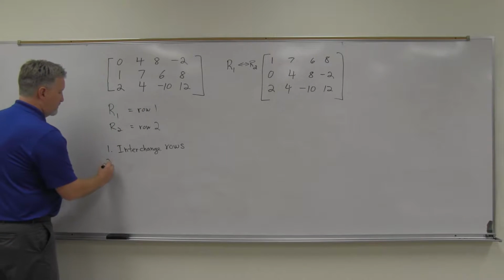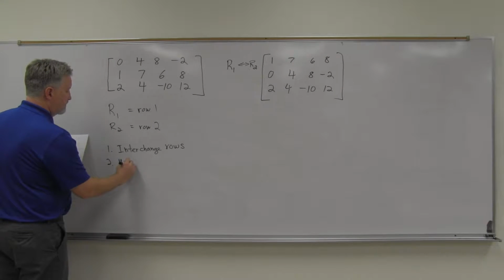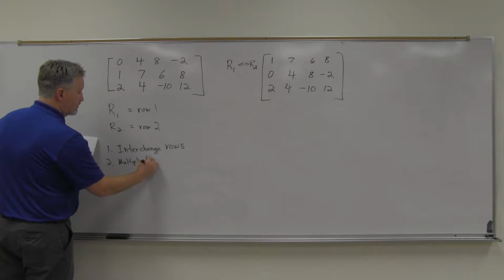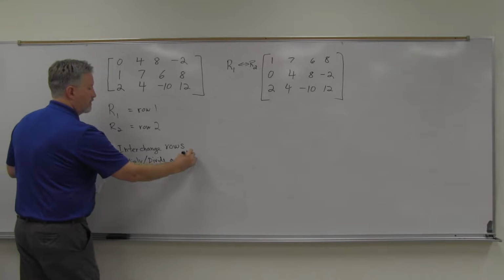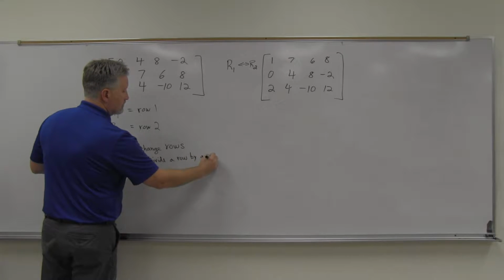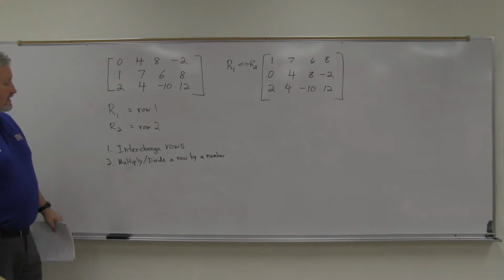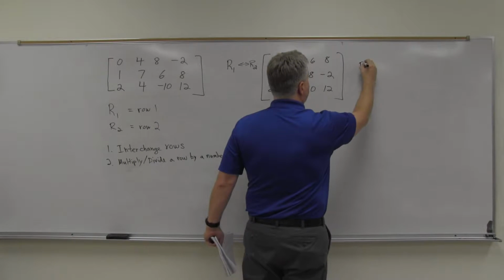And so the second thing we can do on these matrices is multiply or divide by any number, positive or negative for that matter. So I can multiply or divide any row by a number.